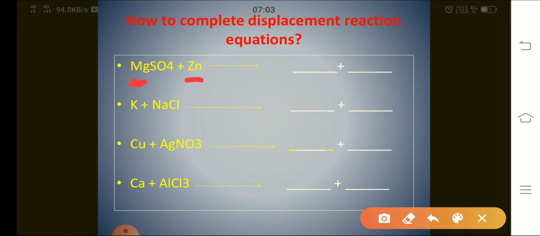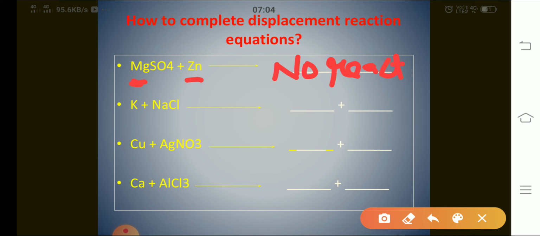Yes, remember the series? K, Na, Ca, Mg, Al, Zn. Means magnesium is higher in the reactivity series as compared to zinc. So will zinc be able to remove magnesium from magnesium sulfate? No. So there will be no reaction.